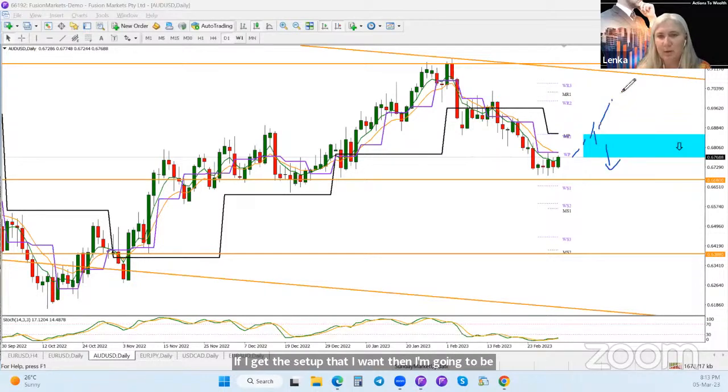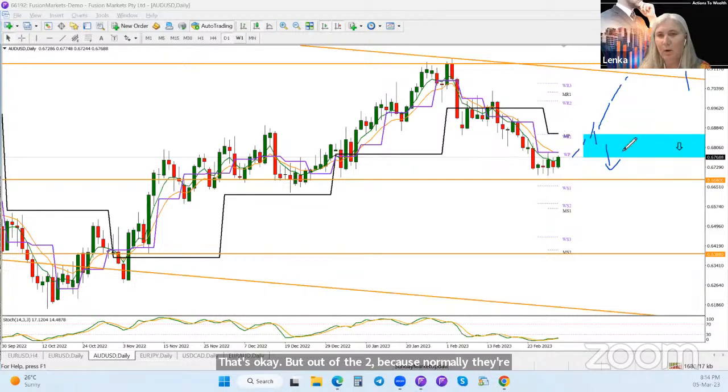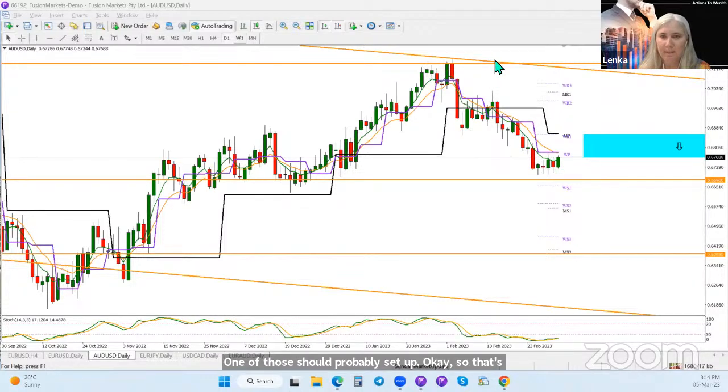If it does keep going, say all the way to the top of that channel or to the top of the horizontal line, then obviously I'm not going to get into that trade, and that's okay. But out of the two, because normally they're inversely correlated, one of those should probably set up. Okay, so that's what I'm looking at there.